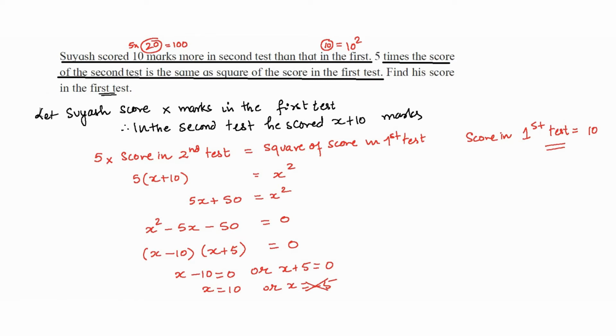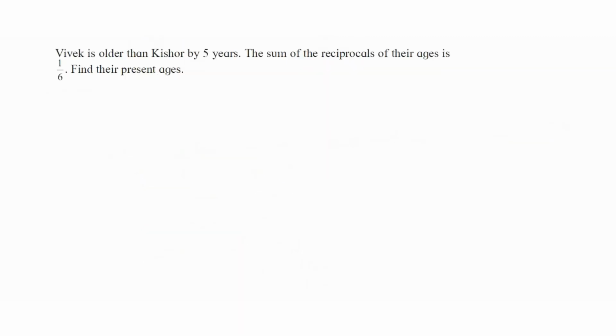Moving on to the next question. Let's take a look at this question. Vivek is older than Kishore by 5 years. So Vivek is elder to Kishore by 5 years.